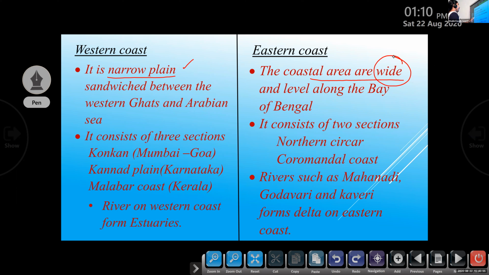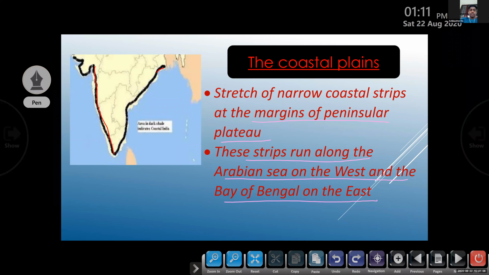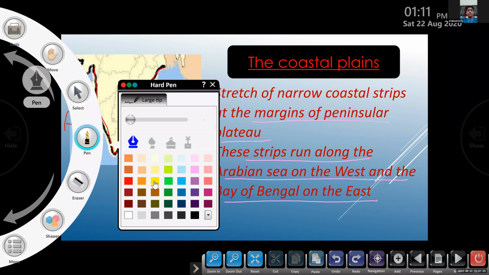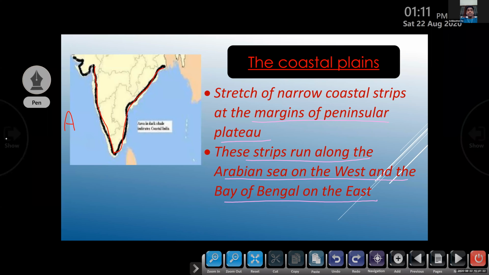Then, western coast is sandwiched between Western Ghats and Arabian Sea. See here. This is Western Ghats. This is Eastern Ghats. This is Arabian Sea. And in between, this narrow line is the western coastal line.